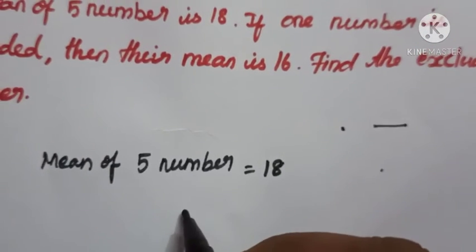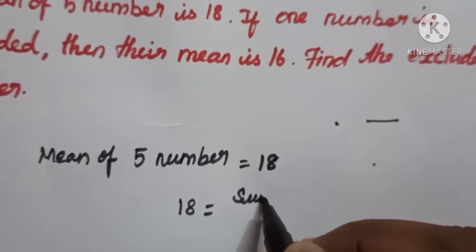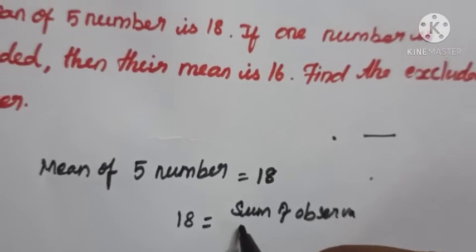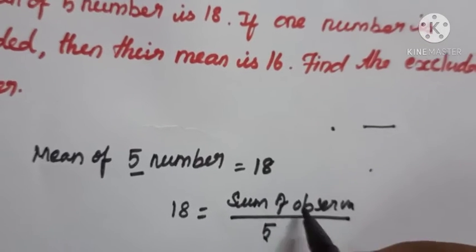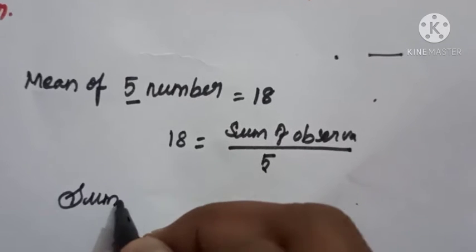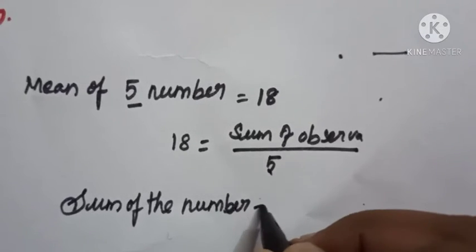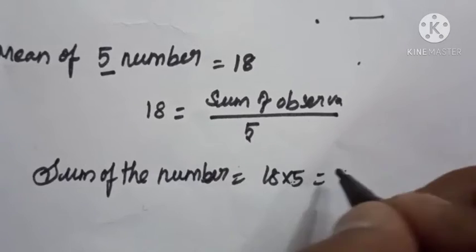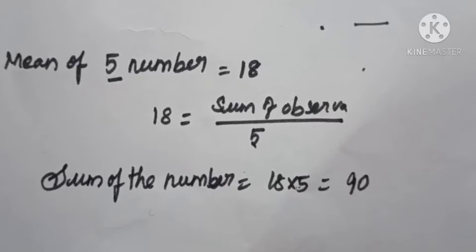So 18 is equal to sum of observations divided by total number of observations, that is 5. So now how much sum do we need? The sum of the observations is nothing but the sum of the numbers. Sum of the numbers is 18 into 5, which is 5 into 18, you get 90. So 5 eights are 40, so you get 90 as the value.